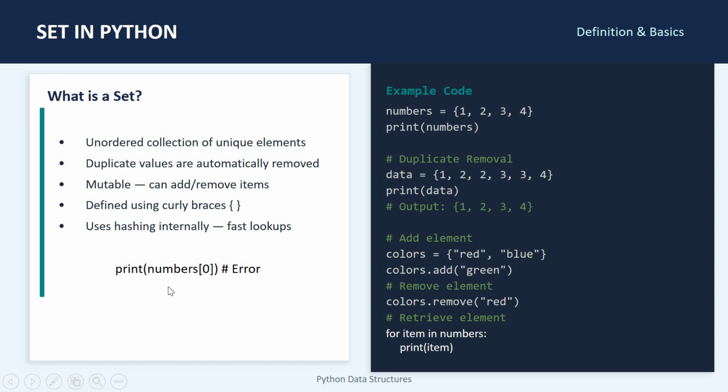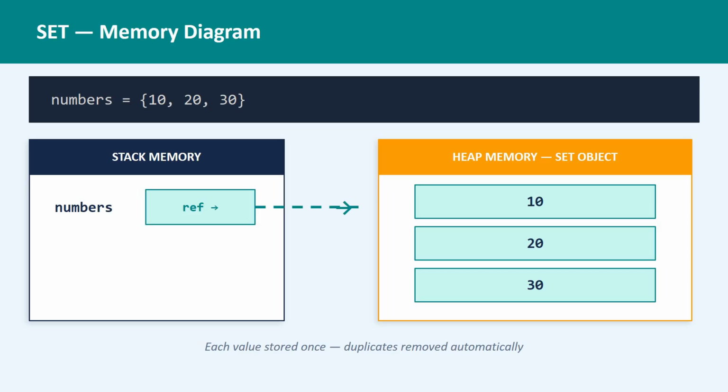That's why you cannot retrieve an element directly through the index number. We can do it, but for that we have to convert the set into a list. Then the list is able to retrieve the element directly through the index number, but a set cannot do that. So these are some differences, some properties of the set interface.